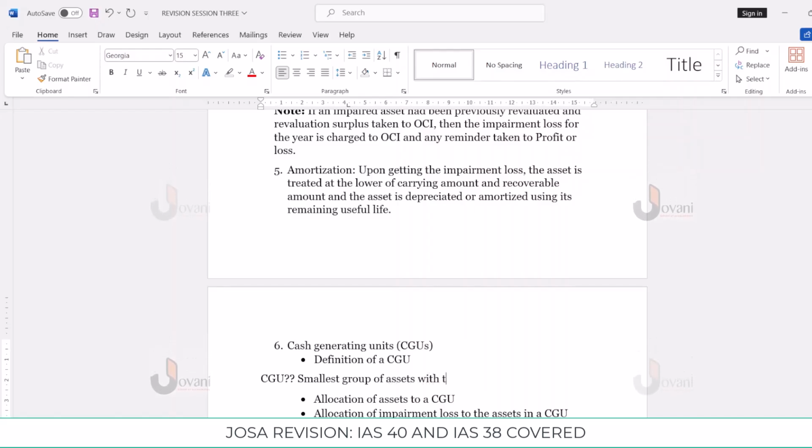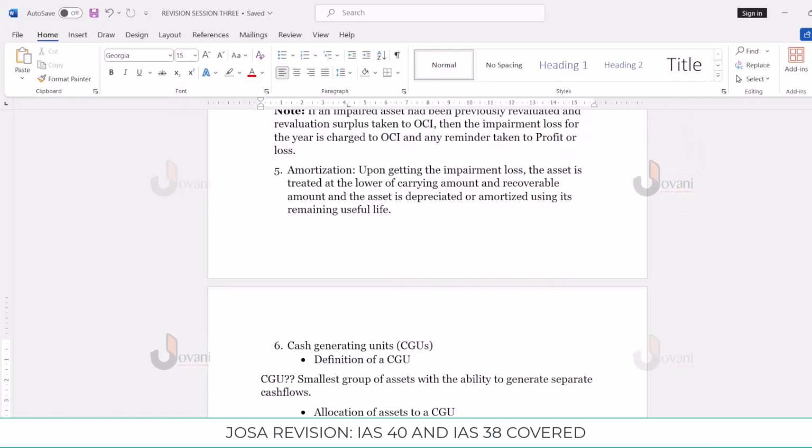All of them. Even Onana? Yeah, he is a goalkeeper. You see, a canteen is the smallest group of assets. They have the refrigerators, the microwaves, whatever. So that one can generate its own separate cash flows, right? Then the first 11 is a group of assets because players are assets.